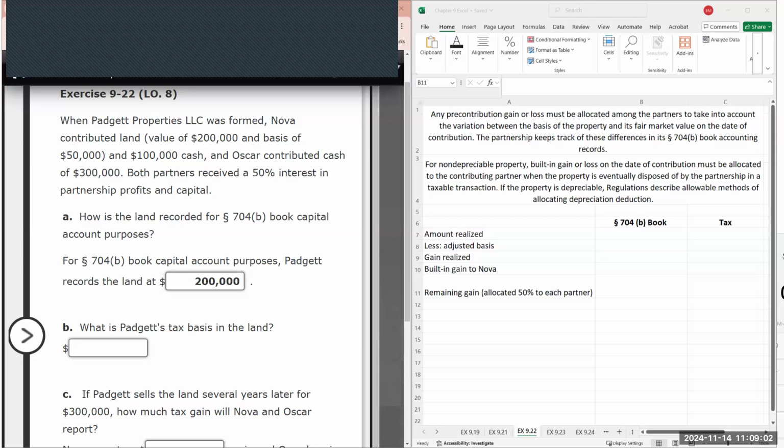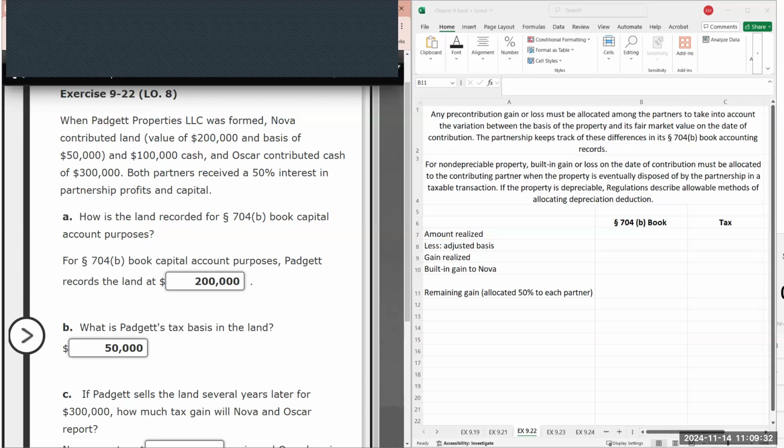And then Paget's tax basis, essentially, they're going to take Nova's carryover basis of $50,000. So sorry about that. All right, looking over the question again. So Paget's tax basis would have that carryover basis of 50,000. So for book purposes, they're recorded at the fair market value. For tax purposes, Paget will take Nova's carryover basis.